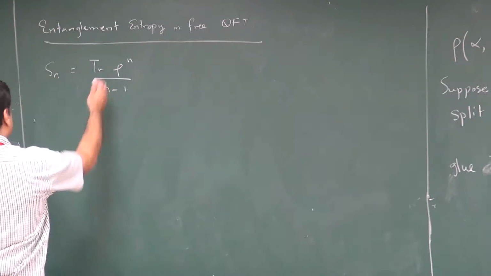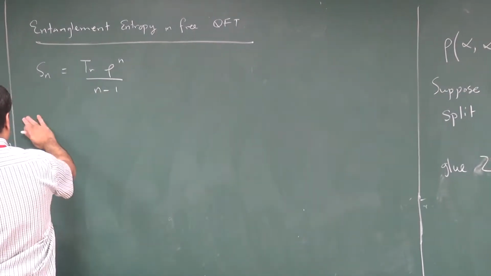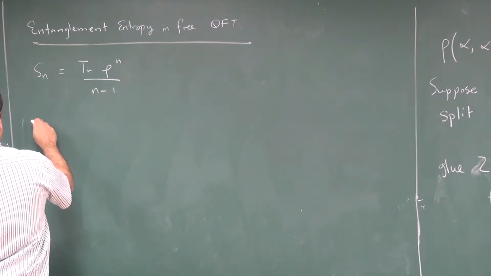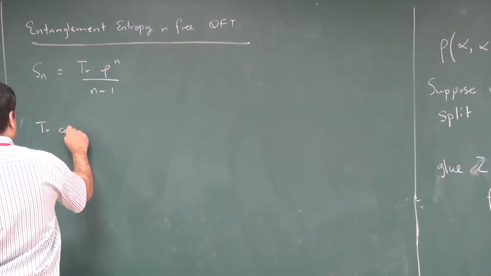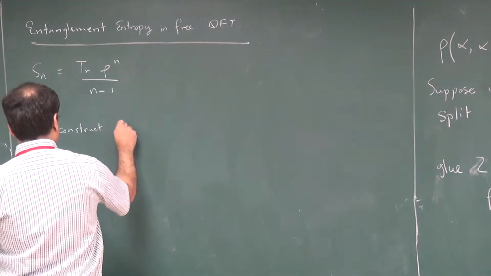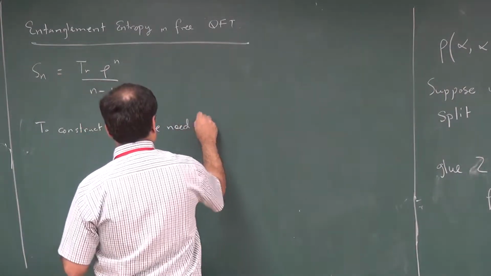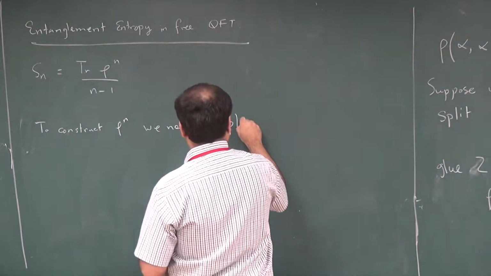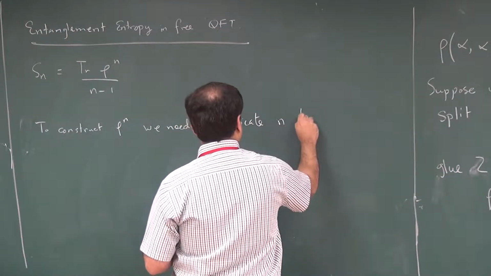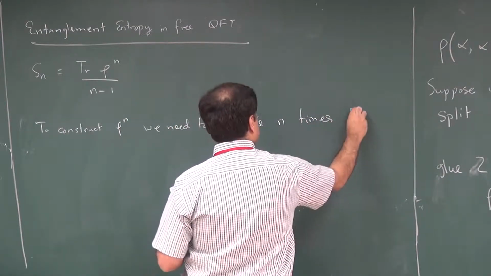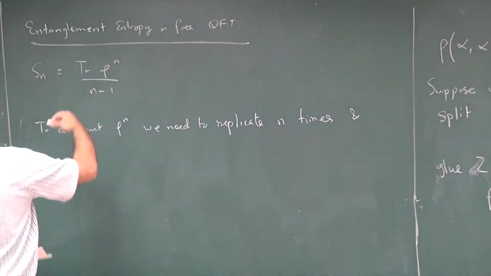So to construct rho to the power n, this is where the replication comes in, you need to replicate n times and then identify the top and bottom branches.